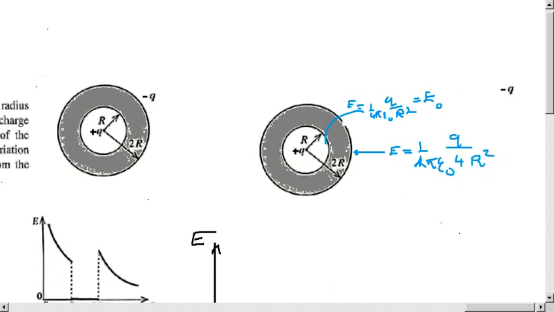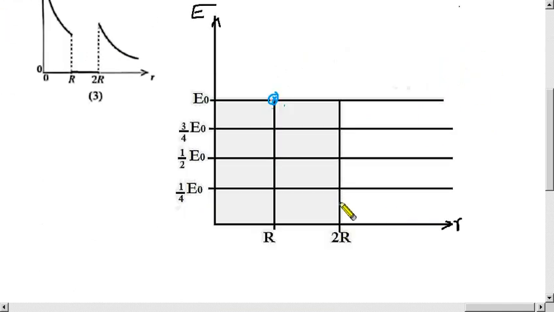Substituting E naught, we get quarter E naught. That also we plot here at distance 2r, quarter E naught is the point.